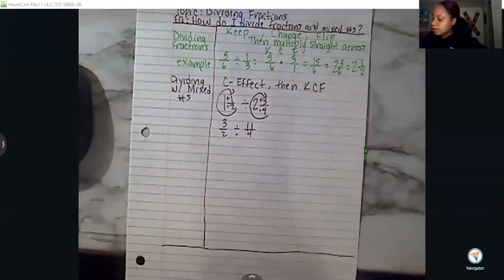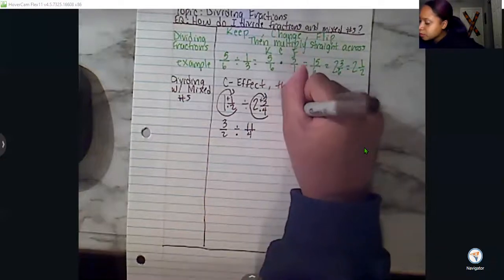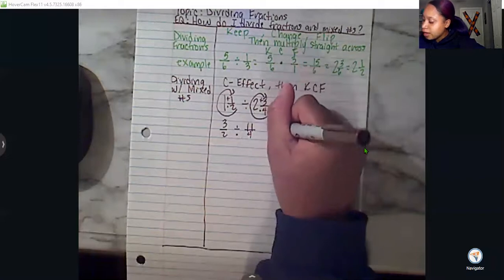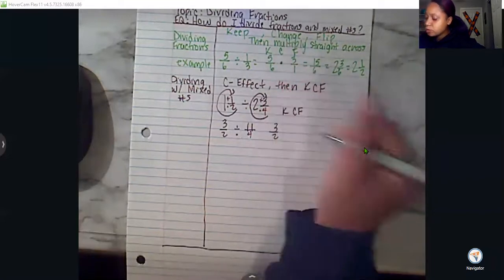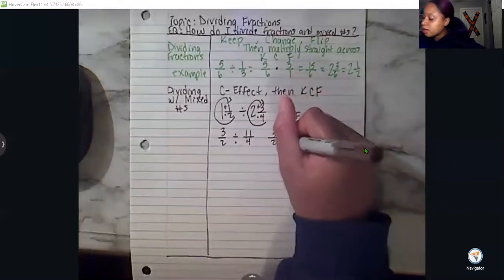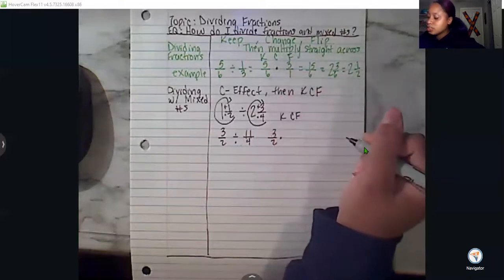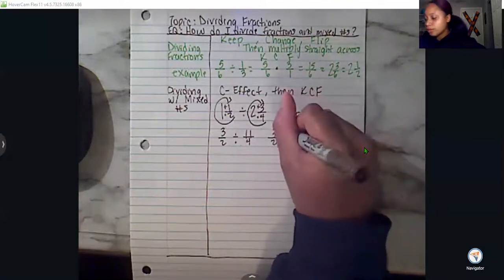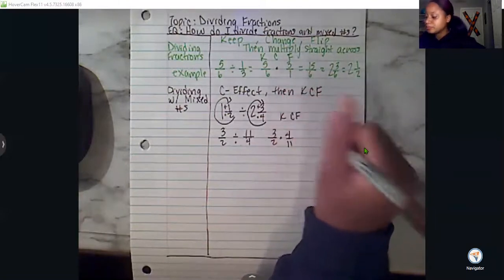So we did our CF. Now we need to do the KCF: K, C, and then F. Keep the first fraction, which is 3/2. We're not changing the 3/2. Then change to multiplication. Flip: instead of 11/4, we should have 4/11 because we are flipping.